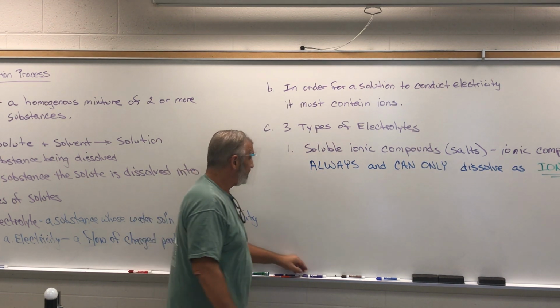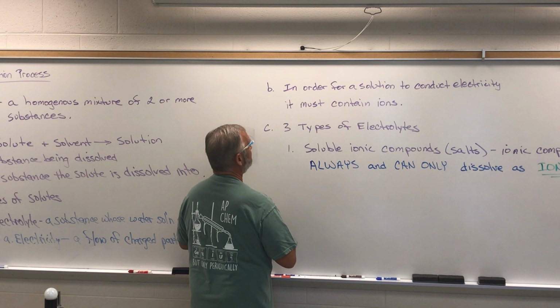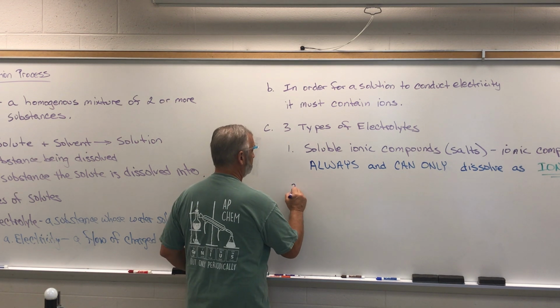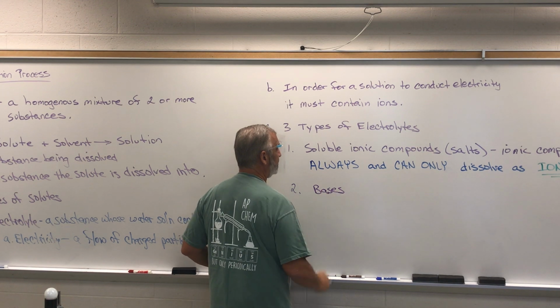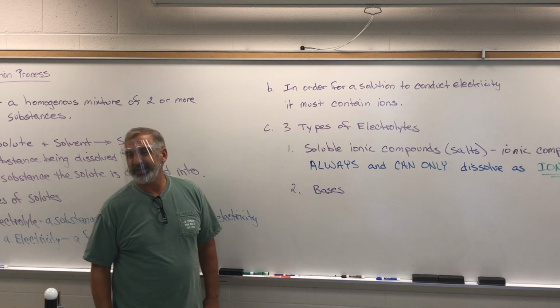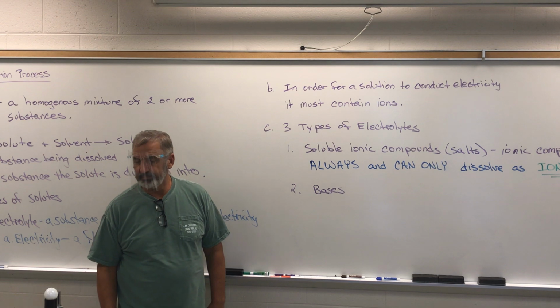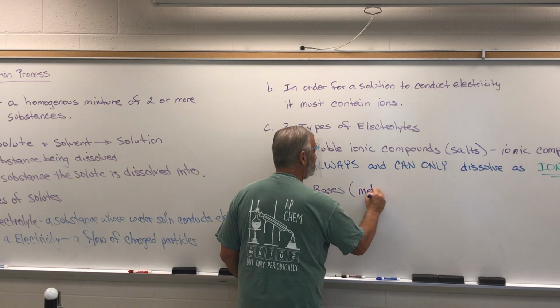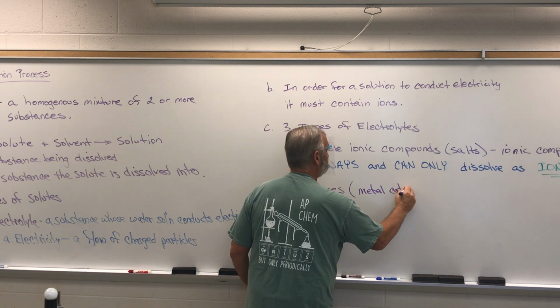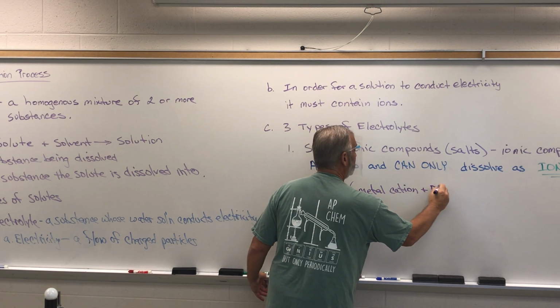Now a second type of electrolyte are going to be bases. What ion is present in a base? Hydroxide. So it's a metal cation plus OH minus.